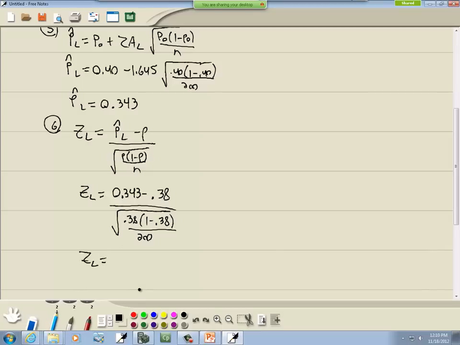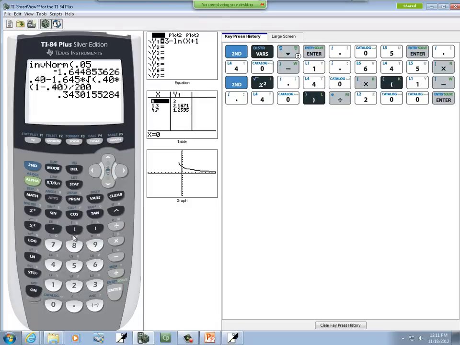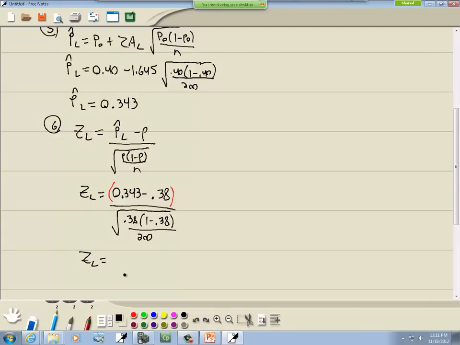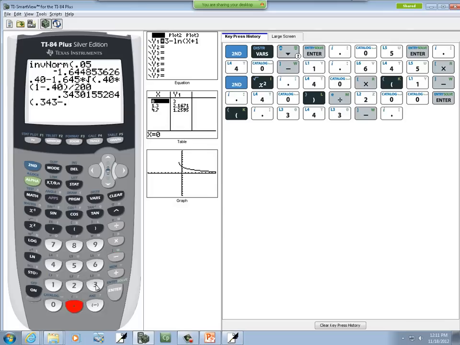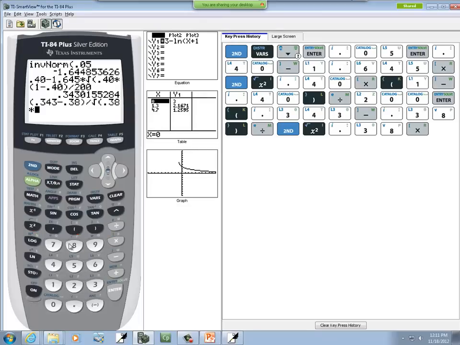You have to be careful when you plug this in your calculator. If you plug it in all at once, you have to put parentheses on top. So beginning parentheses 0.343 minus 0.38, closing parentheses divided by square root of 0.38 times parentheses 1 minus 0.38, closing parentheses divided by 200.